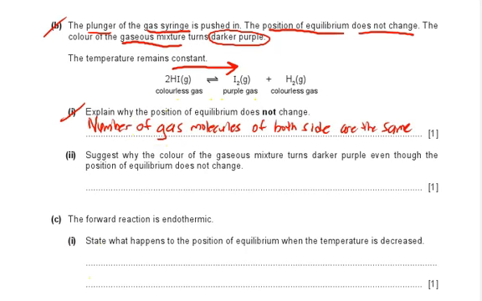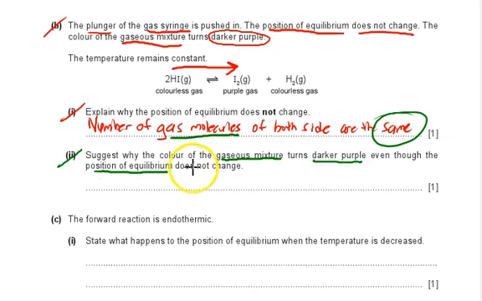Okay guys, so it is because the number of gas molecules at both sides here is the same. Okay, that is why the position of the equilibrium does not change. Now suggest why the color of the gas mixture turns darker purple even though the position of equilibrium does not change. So here, if you notice this, the purple color is given by iodine.